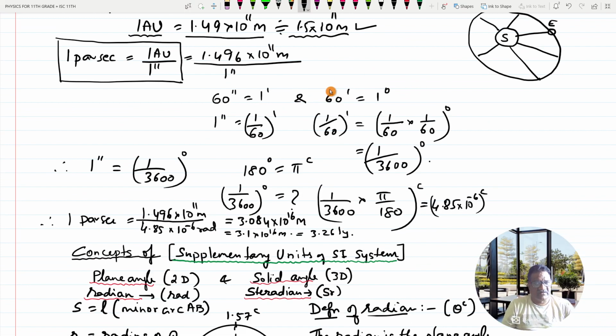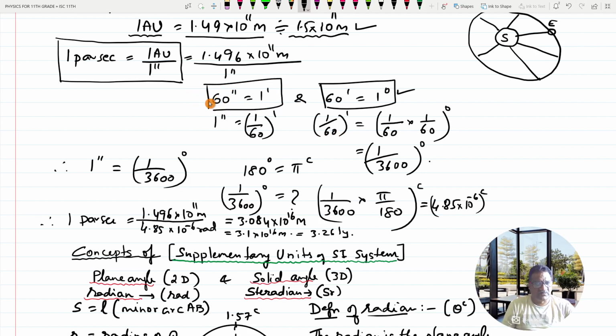See, start from here. 60 minutes is equal to 1 degree. Okay, 60 minutes is equal to 1 degree. So, let us start from here. 60 seconds is equal to 1 minute.